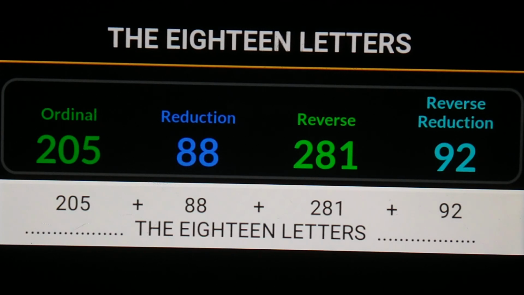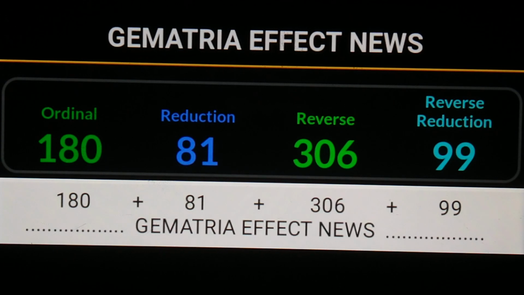But anyways, if you can think of any 18-letter example, and as long as there's either two R's or two I's or an I and an R, you can get this 666 value from the 18 letters. See how this works? Gematria Effect News.